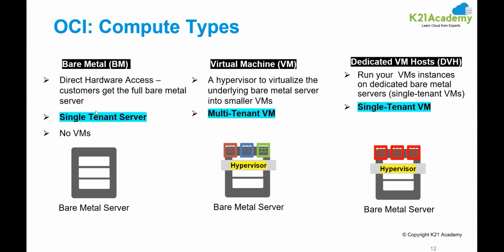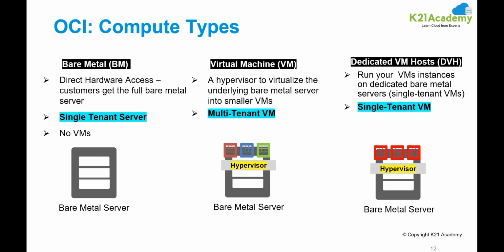If you have load intensive workloads, like very performance intensive tasks, you can go for bare metal. But if you need virtualization also, you can go for dedicated VM hosts. When we enable virtualization we get many other features like scaling, which we will not be getting in bare metal.